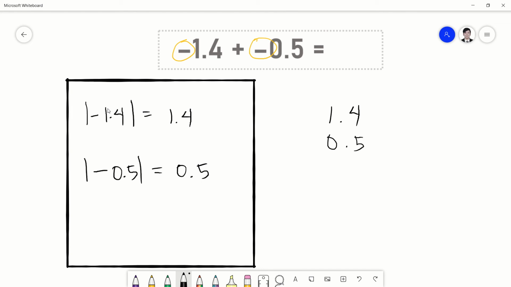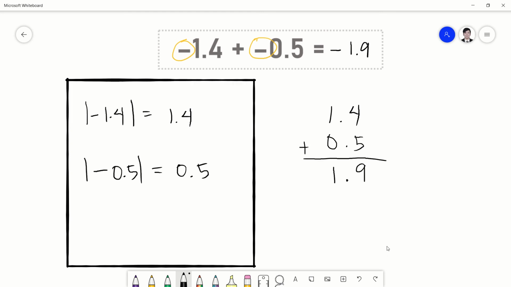I repeat, make sure that the decimal points are aligned. So you start from here. 4 plus 5 is 9. Then 1 plus 0 is 1. Then align the decimal point. So that would be 1.9. So now, as I said a while ago, the second step is to keep the common sign. So our answer is negative 1.9.